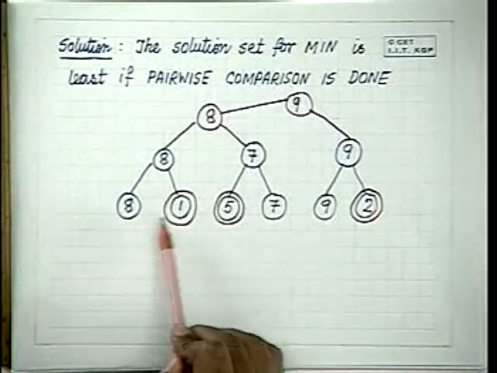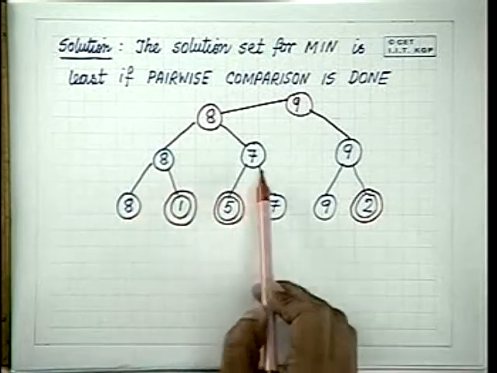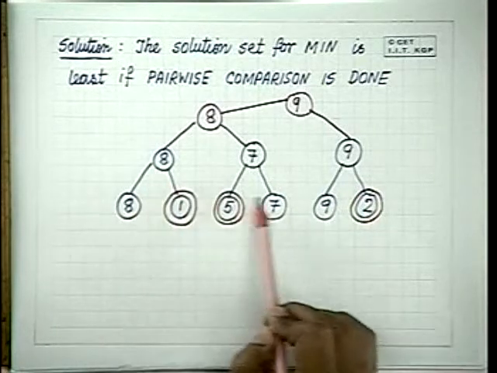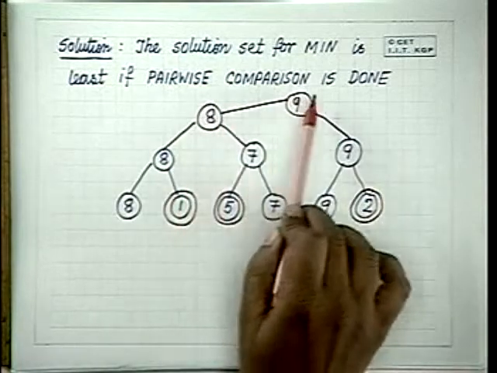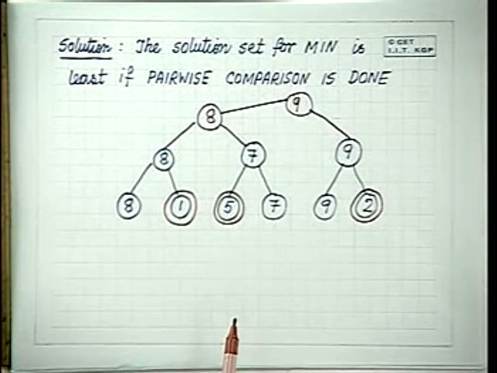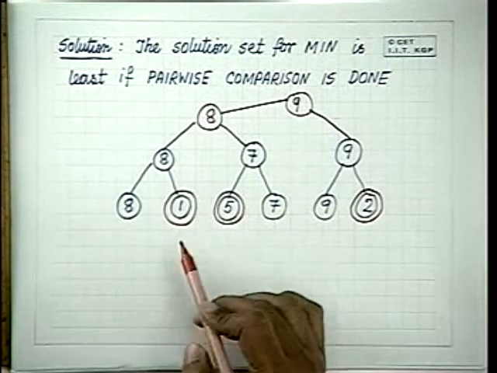Let's see. Suppose we have 8, 1, 5, 7, 9 and 2. We compare them pairwise. The winners are 8 here, 7 here and 9 here. And these are used to declare the winner and continue the tournament this side. And what you can do is, you can have another tournament between the losers in the reverse direction.